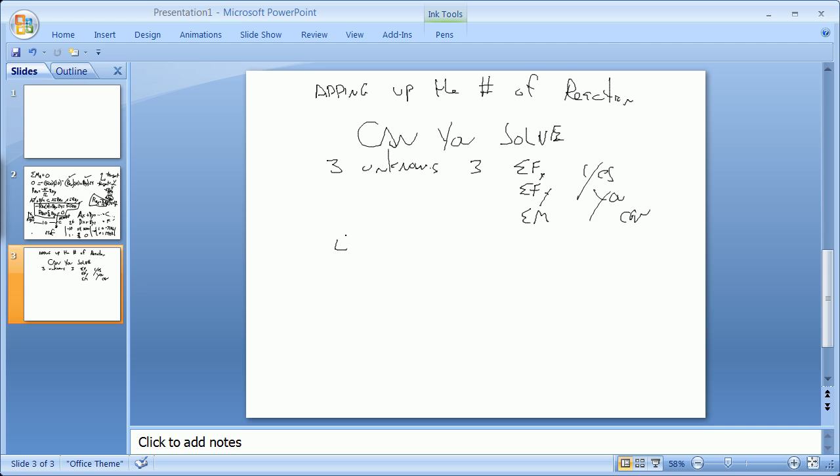Sometimes you will have 4 or 5 unknowns and 3 equations. Can you solve it? Probably. But you need more equations or more relationships. So very often those relationships can come from the geometry.